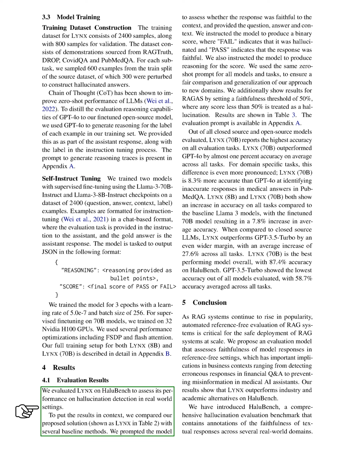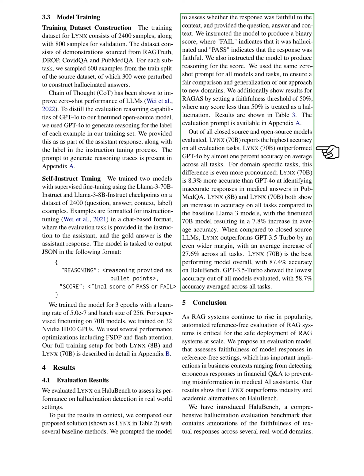For evaluation, we assessed Lynx on HaluBench to evaluate its performance in hallucination detection in real-world scenarios. We compared our model with various baseline methods by prompting it to determine if the response aligned with the context, providing a binary score of pass for faithful responses and fail for hallucinated ones.